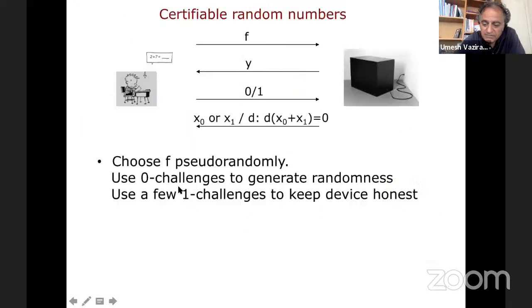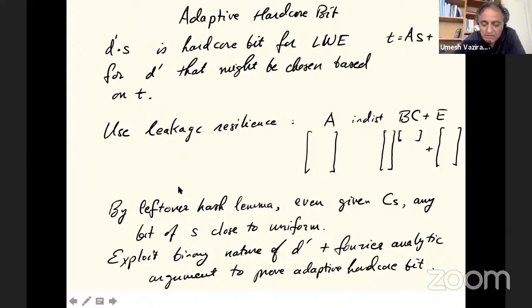Okay, so let me just say what I did not cover, other than the obvious things: I did not say exactly how you go from D to D prime, and I skipped this Fourier analytic argument.